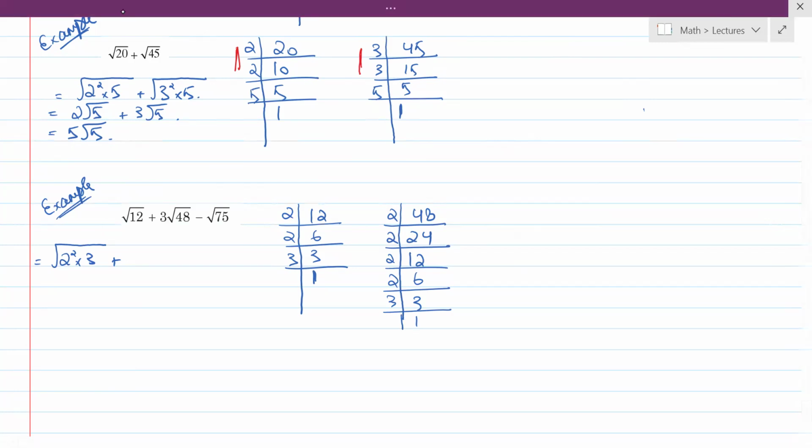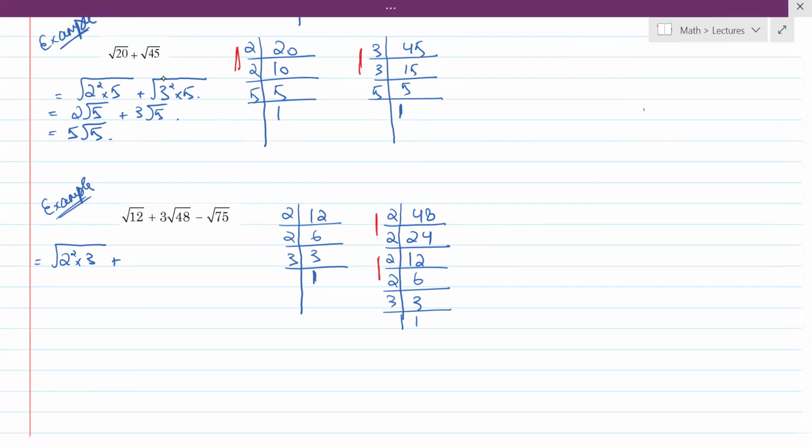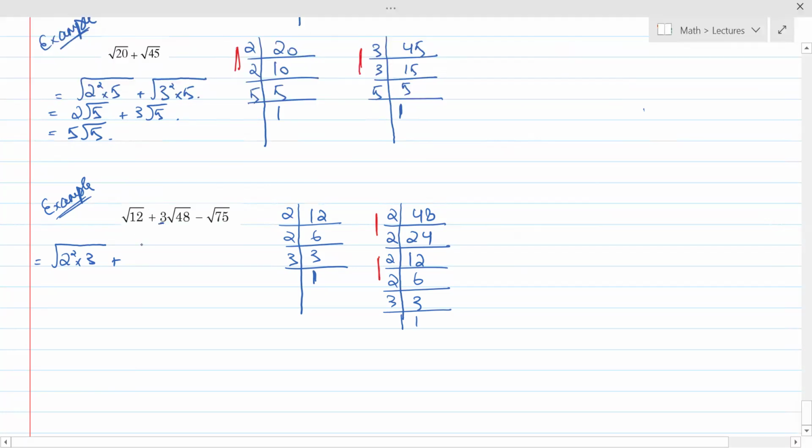Now you can see we have two pairs of 2. So we'll follow the same basics. This 3 would remain outside only. And about this 48, since there are two pairs of 2, we'll write this as 2 square into another 2 square into 3. So this is how we write it.